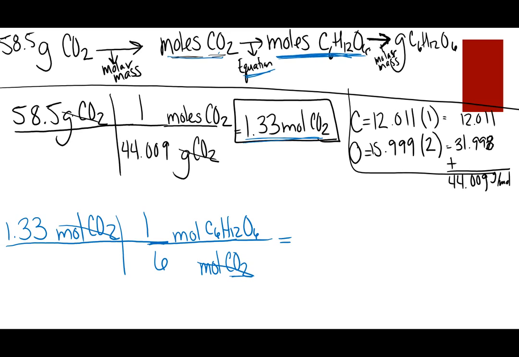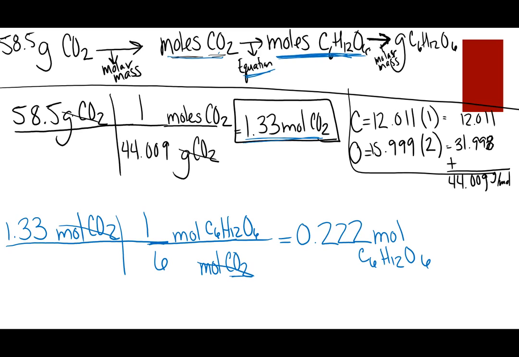So 1.33 times 1 divided by 6 is going to give me 0.222. And what's my unit? Moles of glucose. That is the only new step in this problem, the only new thing that hopefully you should have to learn.